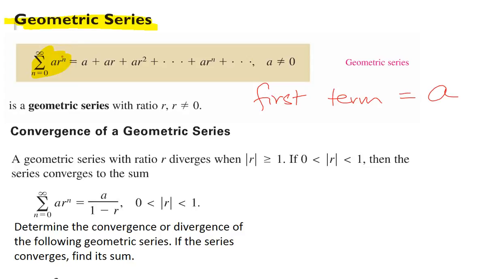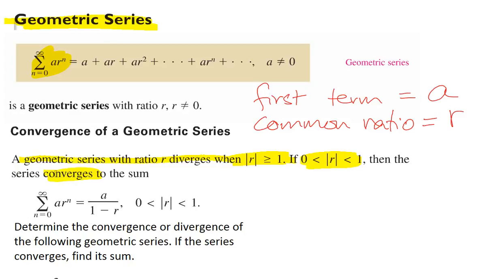r is known as the common ratio. The number that you're multiplying by each time is called the common ratio. That's a constant number. Here is an important result. A geometric series with ratio r diverges when the absolute value of r is bigger than or equal to 1, and if the absolute value of r is less than 1, then the series converges.